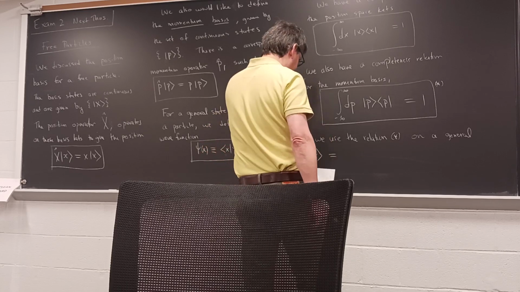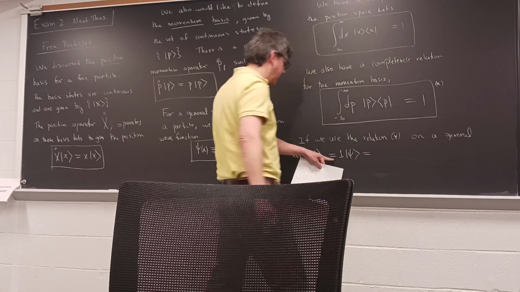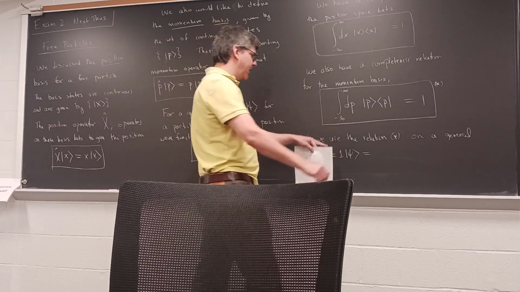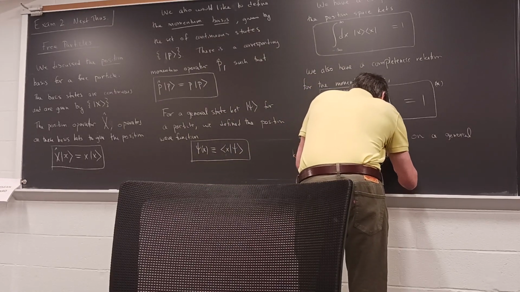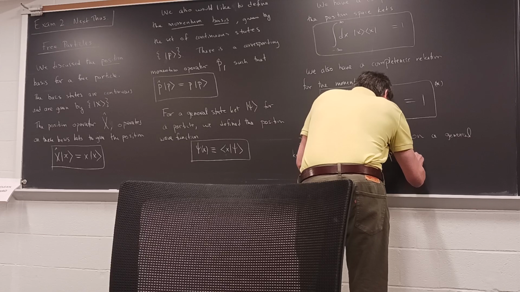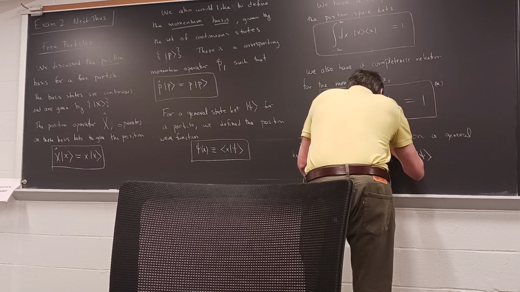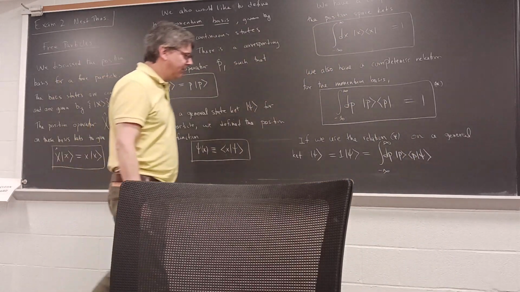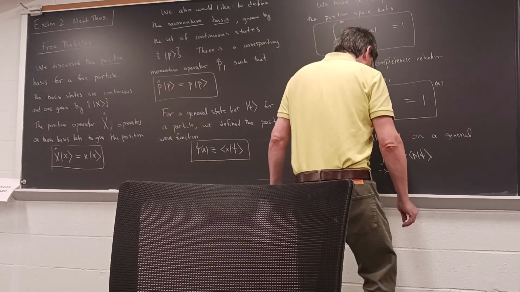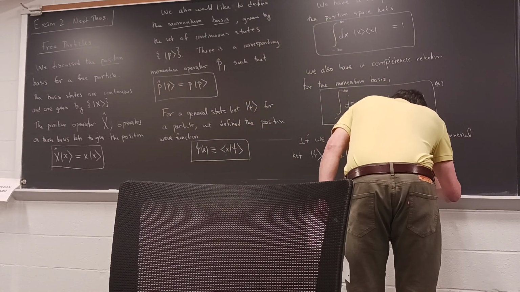So psi is just equal to 1 times psi, but if I use this relationship here, then I can write this as an integral over dp of |p><p|psi>, and we can define, just like we did for position, this <p|psi> as psi of p.